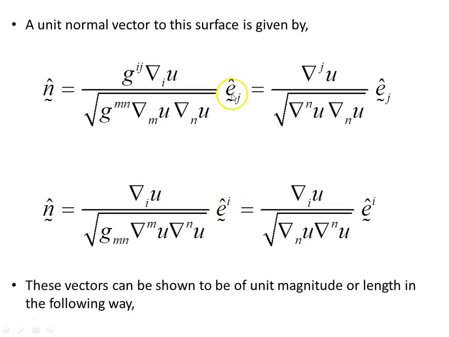So here we use the covariant basis vectors, here we use the contravariant basis ones. Notice they're orthonormal because we're using the hat, so they're of unit length each, and that object can be written as that. Now these vectors can be shown to be of unit magnitude in the following way. We can show this is of unit length, magnitude 1, so it's a unit normal vector.